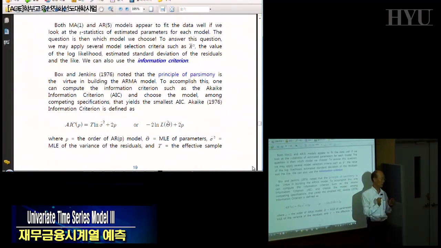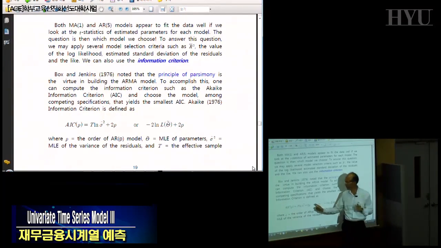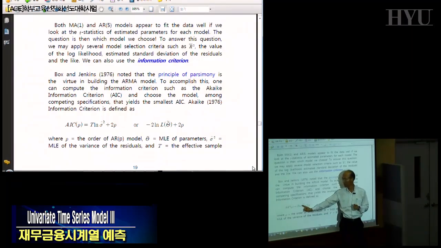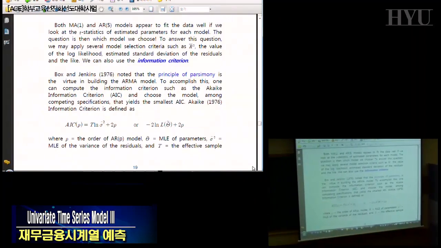Fit the AR(2) process, and you can also calculate AIC2. Compare these two and pick which one. According to Akaike, choose the P that yields the smaller AIC. Smaller AIC. So you will see that in the example later.